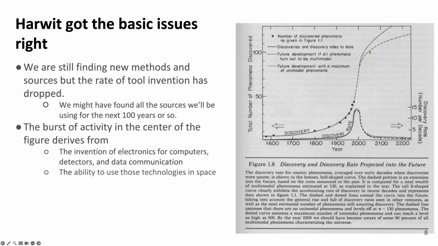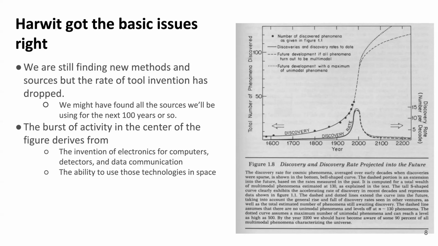And the expectation is that's going to taper off. We are somewhat confident that we figured out every way there is to study the universe. I mean, obviously, using light of different wavelengths was important. We now have gravitational wave sensors. We have sensors for energetic particles.